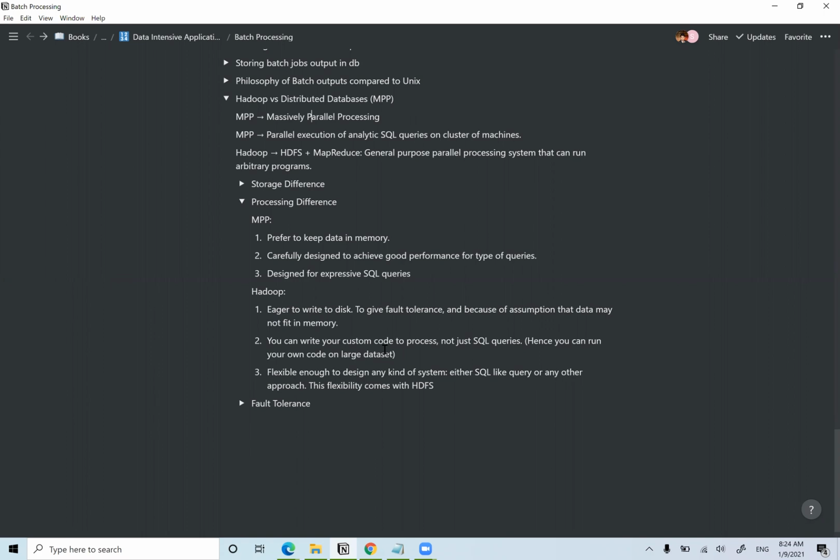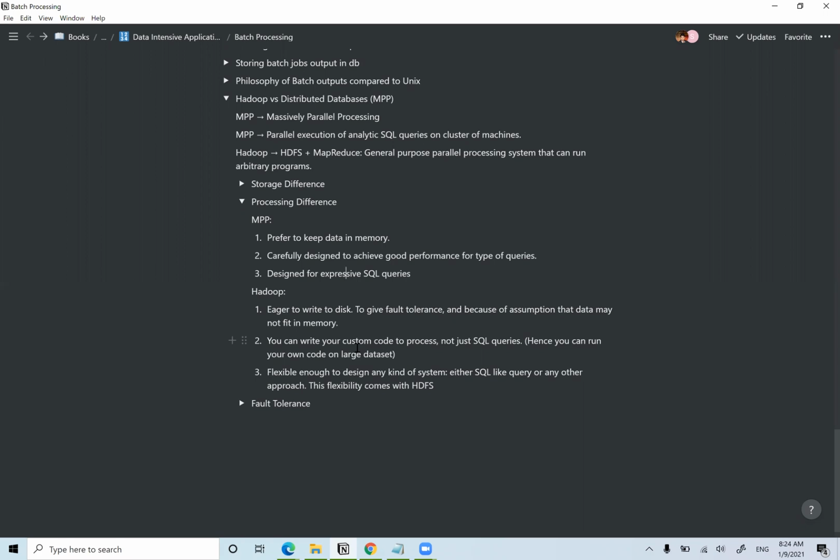Then the other difference is, while MPP kind of systems only supported SQL kind of queries, here in batch jobs you can write any custom code you want. So in your mapper and reducer, you can write anything you want, right?